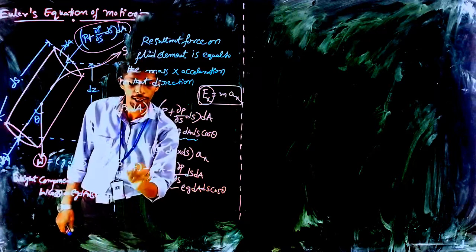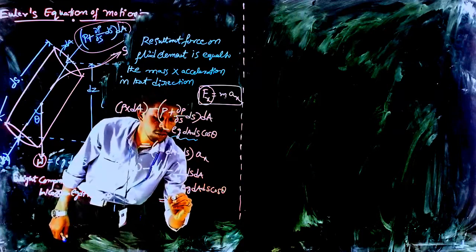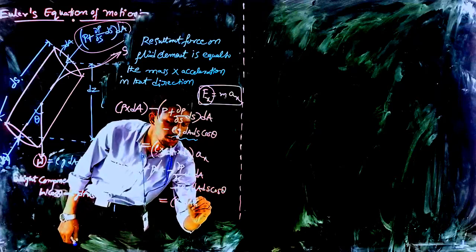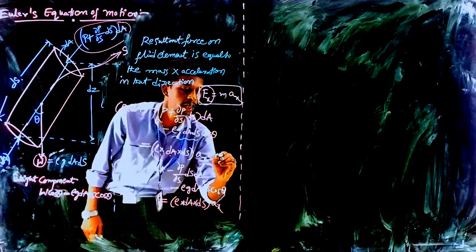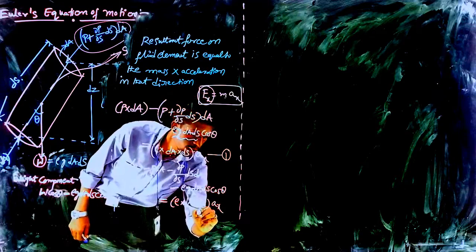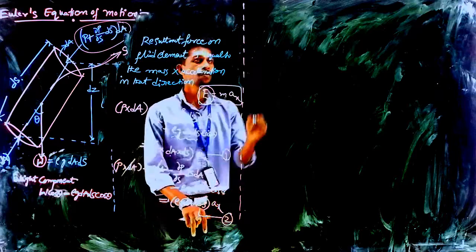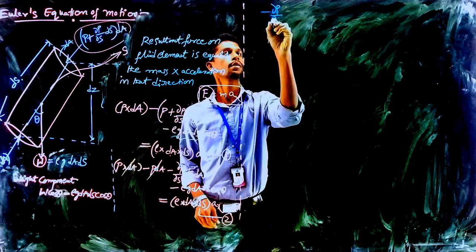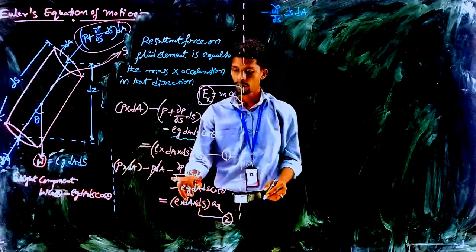So here P dA and P dA are cancelled, and which is equal to rho into dA into ds into ax, right? Which is equation 1 and this is equation number 2, right? So if you want to write this equation here, minus dou P by dou S into ds into dA, right?